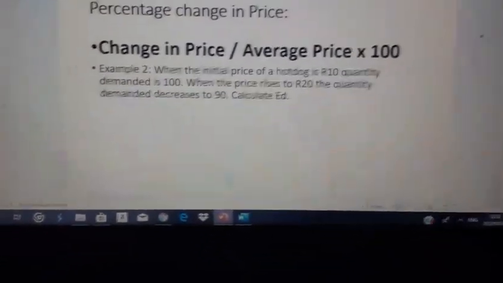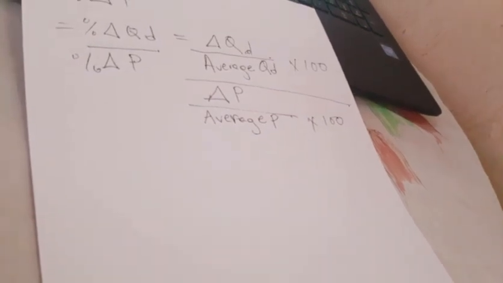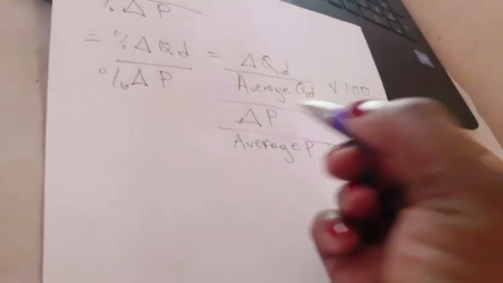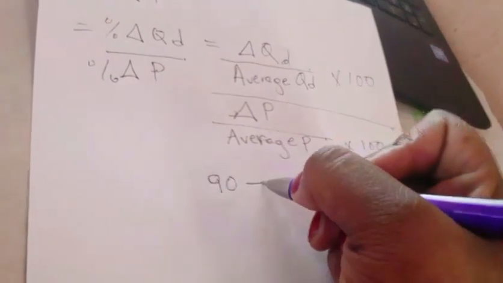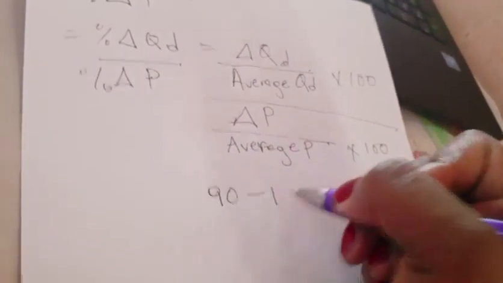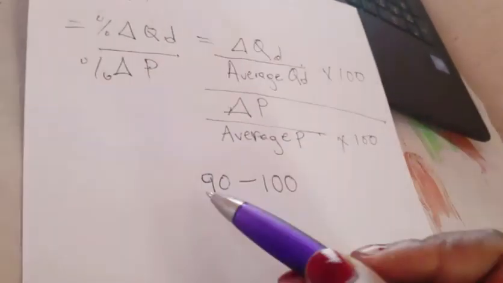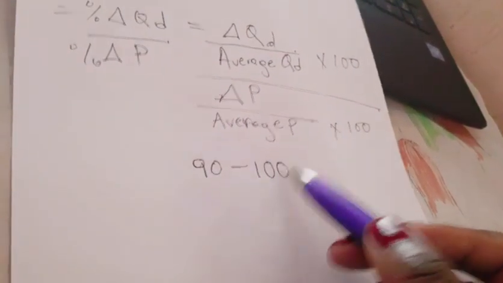Let me look for a piece of paper so we calculate. So, quantity demanded first. People were demanding 100 hot dogs. After, because of the price change, the quantity demanded decreased to 90. So we start with the quantity demanded after, 90, because before it was 100. So 90 minus 100 will give us our change in quantity demanded.